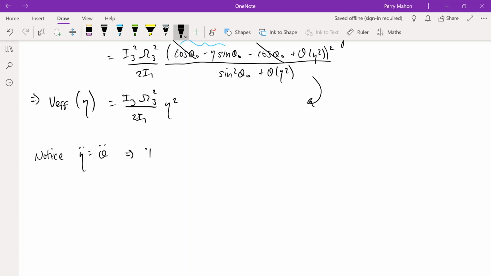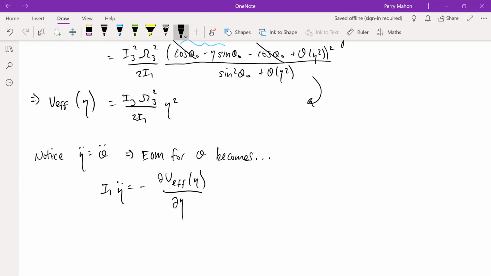Right, so what we end up finding for the equation of motion for theta, let me just write, is minus the derivative of V effective of eta by d eta.